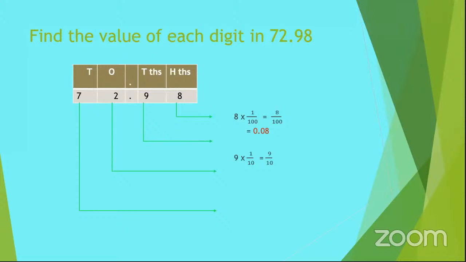So who can guess? 0.09. No, it is 0.9. It is 0.9. 10 as the denominator. So 1 zero stands for 1 digit, and that digit will be replaced by our numerator.